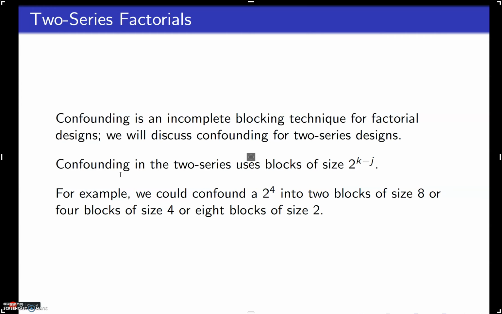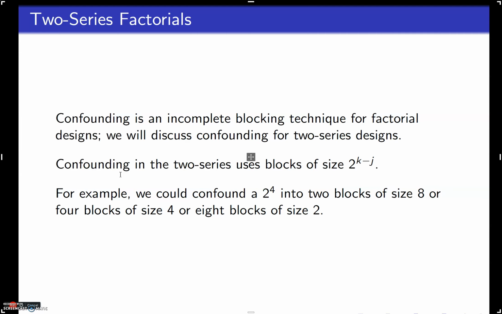When we use confounding in a 2 series experiment, we're going to use blocks of size 2 to the k minus j. For example, we could have a 2 to the 4th experiment, and we could find 2 blocks of size 8, or 4 blocks of size 4, or 8 blocks of size 2 to confound. You as the experimenter, or you as the statistical consultant, need to help the experimenter figure out how to do that confounding.